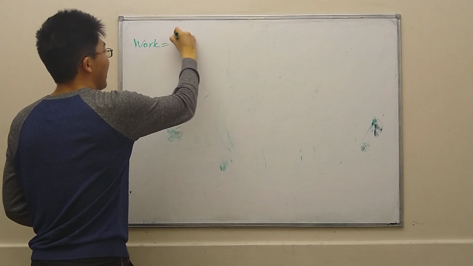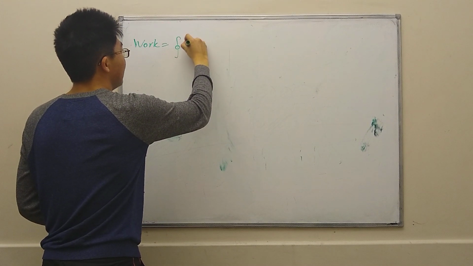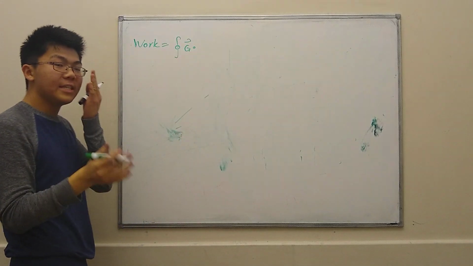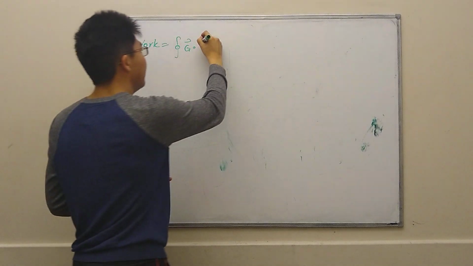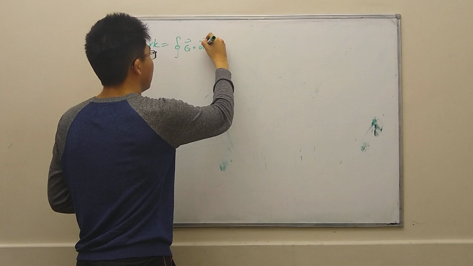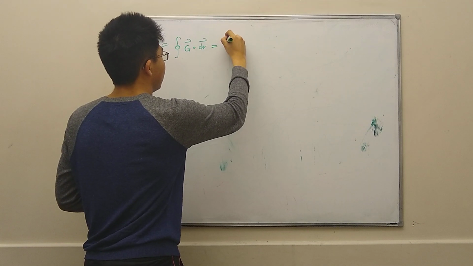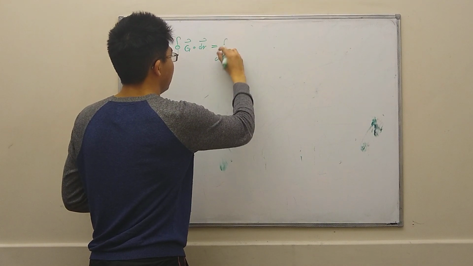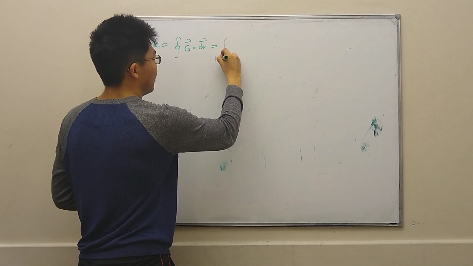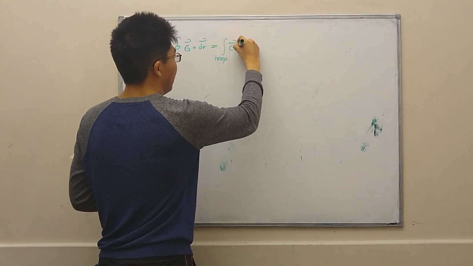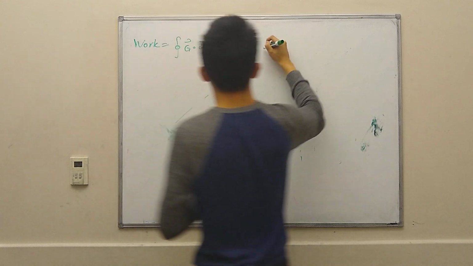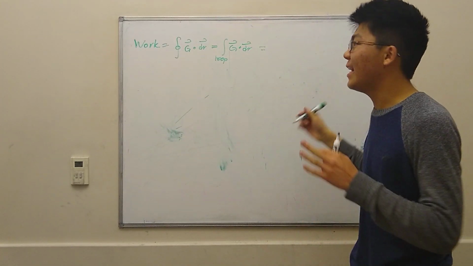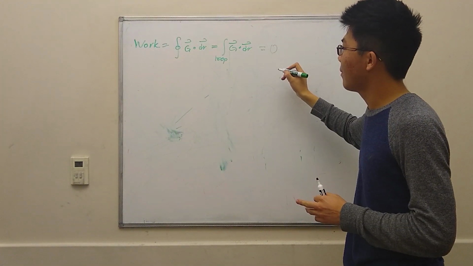So let me rewrite it again. Work as a line integral. In this case, I'm talking about a closed loop integral is equal to the loop of the line integral. And we've already seen that it equals 0.